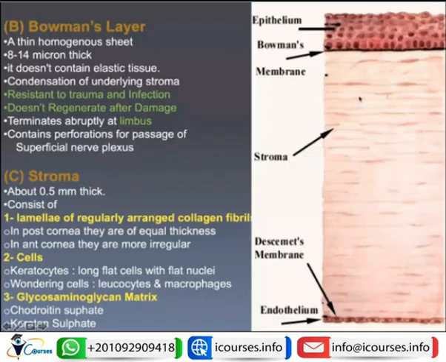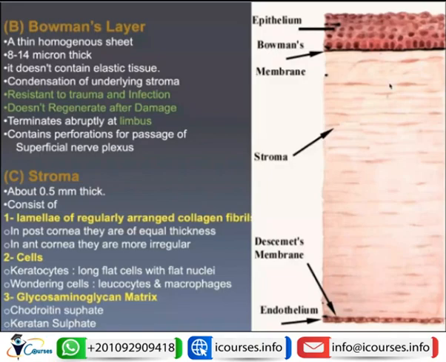So the stroma is again forming most of the thickness of the cornea. It's about 0.5 millimeters or 500 microns, and consists of three main structures. So there will be lamellae of collagen fibrils. These lamellae of collagen fibrils are of equal thickness and regularly spaced from each other and parallel to each other, which are responsible for the refractive power of the cornea.